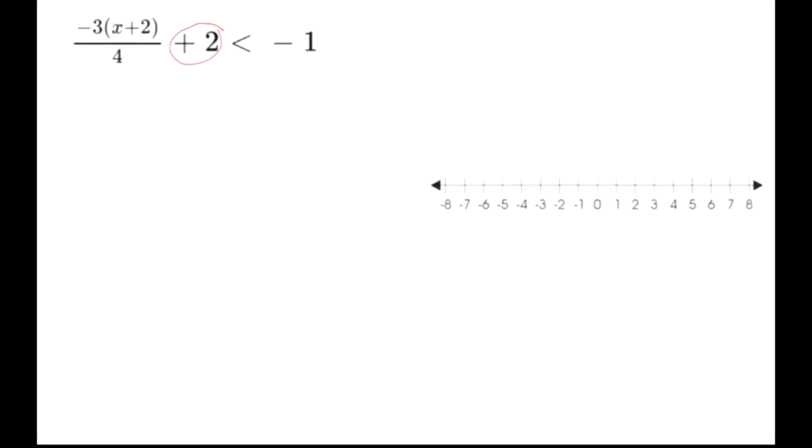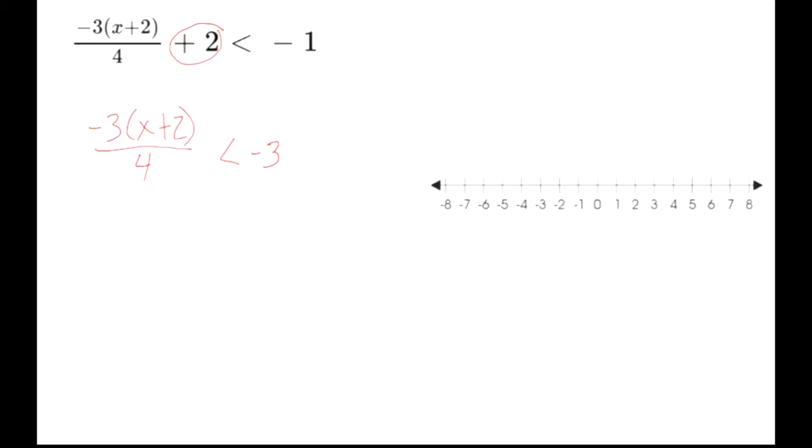So first I'm going to subtract 2 from both sides. That'll give me negative 3 times x plus 2, all divided by 4, is less than, so I'm having to subtract 2, so negative 1 minus 2 is negative 3.